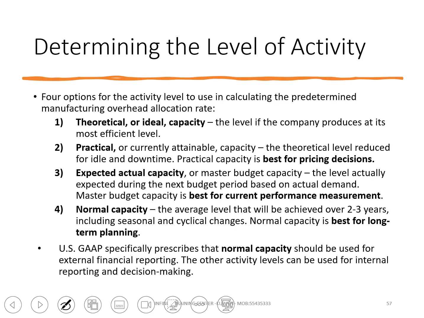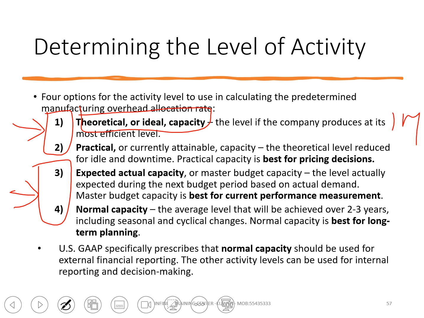So how you will determine this level of activity? You can determine the level of activity based on two factors. One is how much we can supply, and the second one is how much we will have demand. So how much we can supply means maybe I have a machinery that can produce 1 million units in a year.